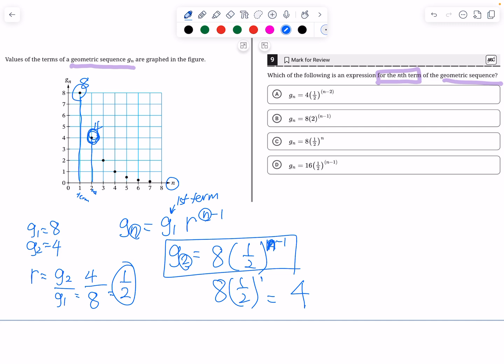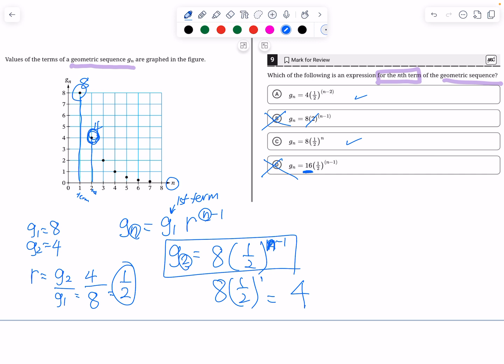Well, I already know my common ratio is half, so it can't be B. And if you look over here, 16 is not my first term, so I'm not going to look at that. And I know 8 is my first term, so it's either a choice here or here. So let's see what's going on. I'm going to plug in my situation.